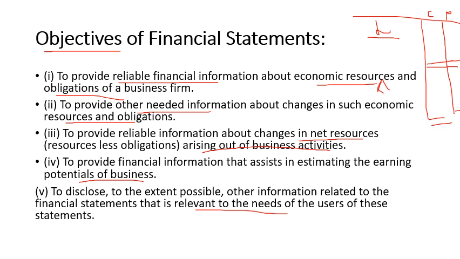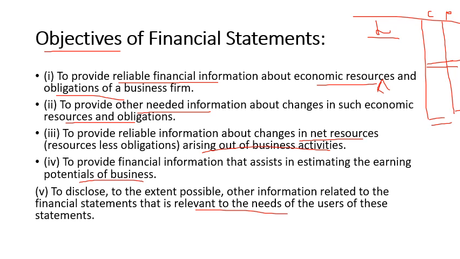So these financial statements will disclose all the possible and relevant information for decision making by different users: management, investors, employees, government, etc. So these are the basic objectives of financial statements.